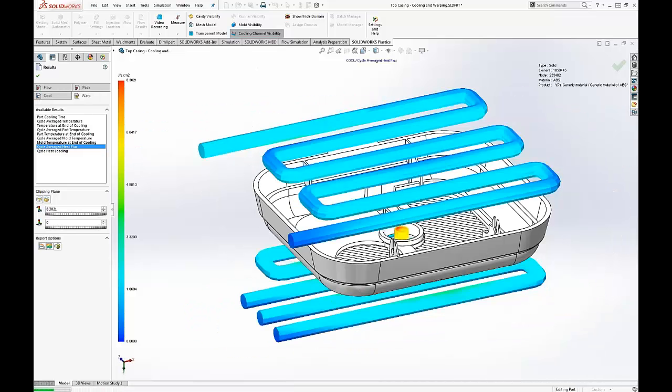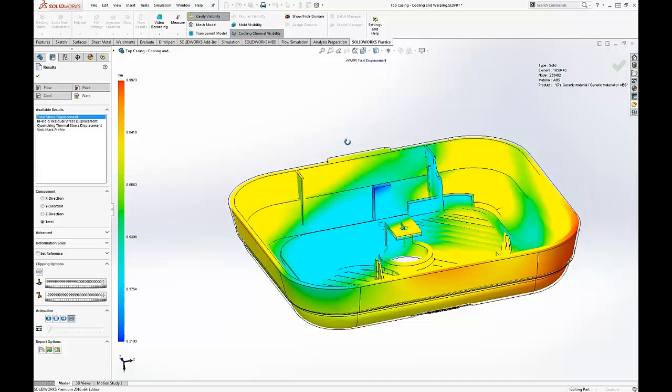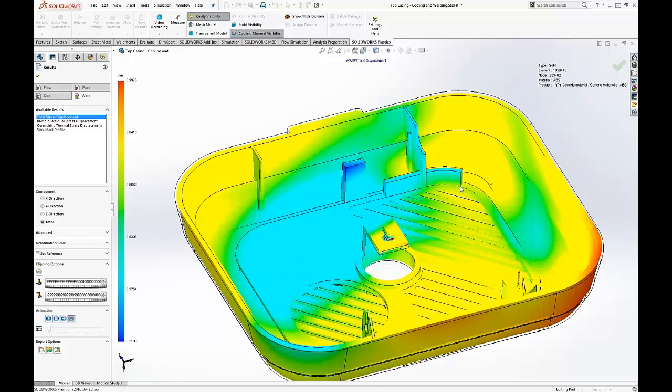Then we can see also the warpage, the final deformation after the ejection. So when you are opening the mold, there are two main aspects. One is the pressure that is remaining inside the cavity, and the other one is the different temperature inside the cavity. When you are opening the mold, there is a thermal shock.